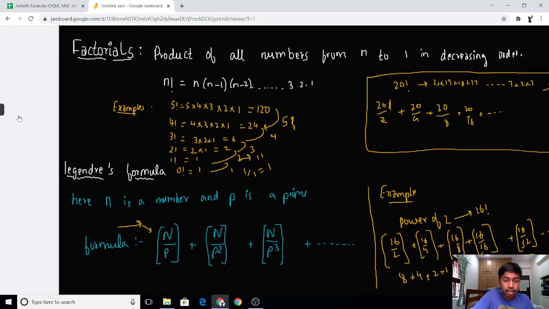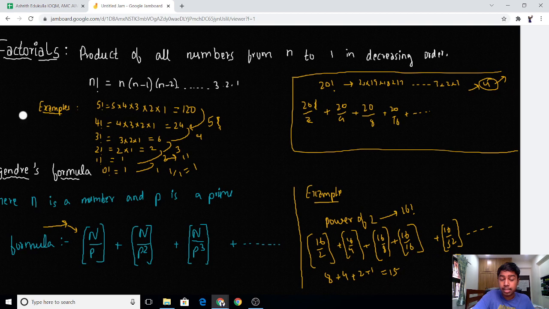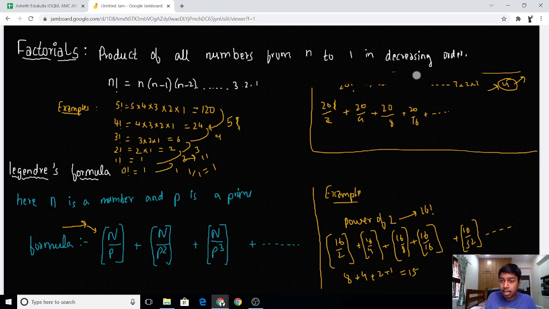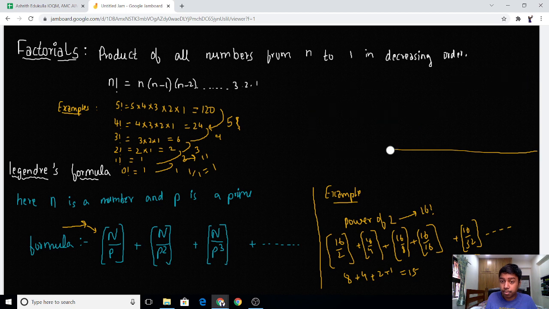I hope you guys have understood. There's always an extra factor of 2 in a higher power of 2, like 2 square, which equals 4, has a higher factor of 2 than 2, because 2 into 2 equals 4. That is exactly why we are dividing by n, then n square, then n cube.